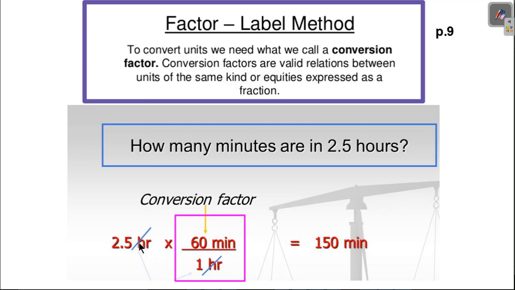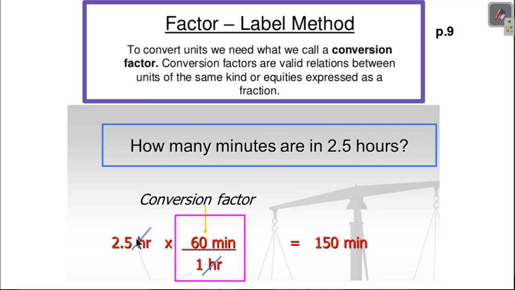It's very simple. You start with the number they give you, so 2.5 hours. You open a fraction line, and then you're going to put the units you're trying to change. You're trying to get rid of the hours at the bottom of your fraction. The new units always go at the top of your fraction, because if you put it like this, top and bottom, now this cancels.